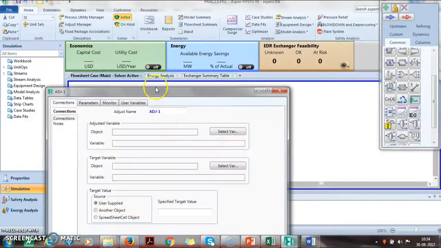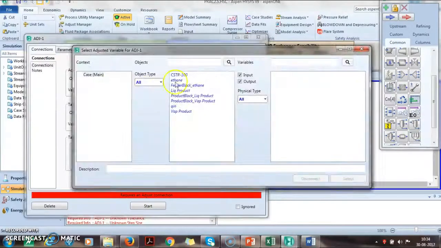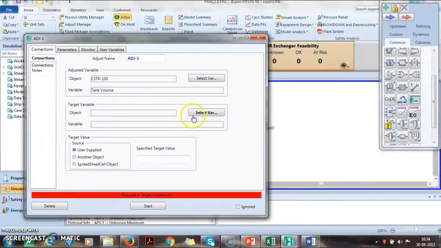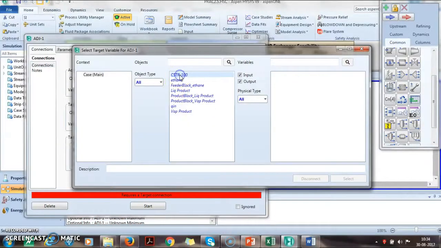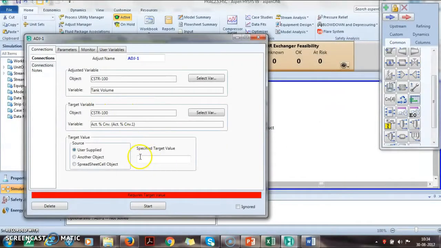I'll open that. My adjusted variable will be the volume of CSTR, tank volume, and targeted variable will be CSTR conversion, and I'll specify the value to be 60.